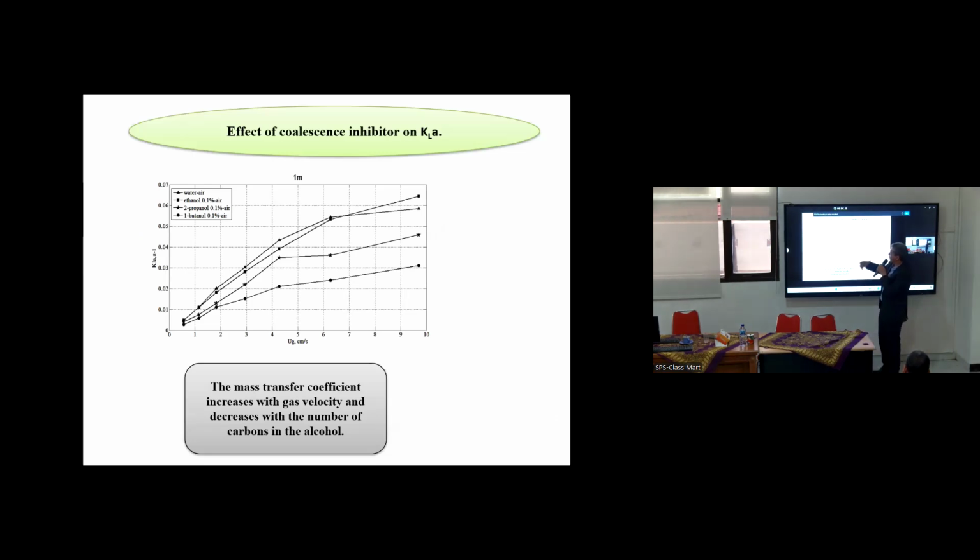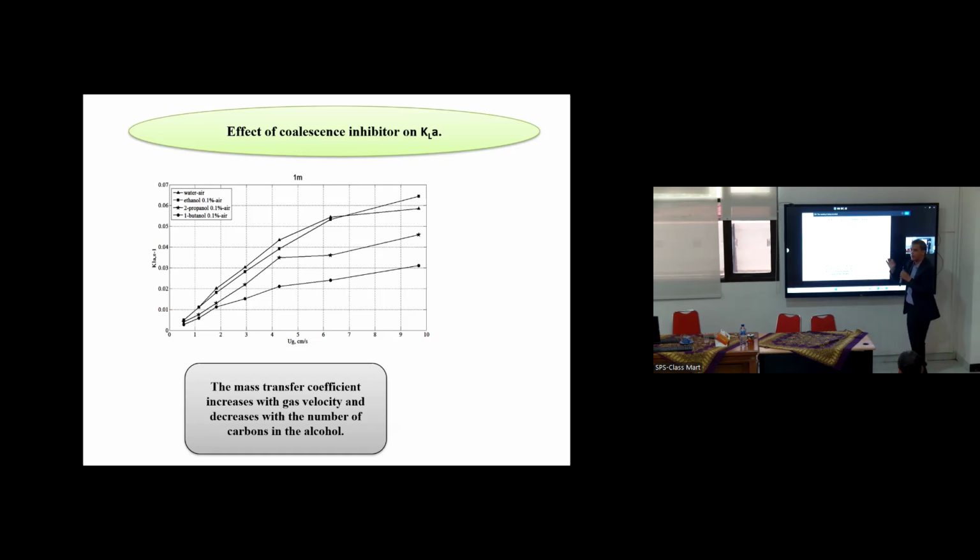Then you can have an idea, and we have a comparison between water, ethanol, propanol, and butanol. The best ones are water and ethanol. For mass transfer, the presence of oxygen is higher for water than for butanol.